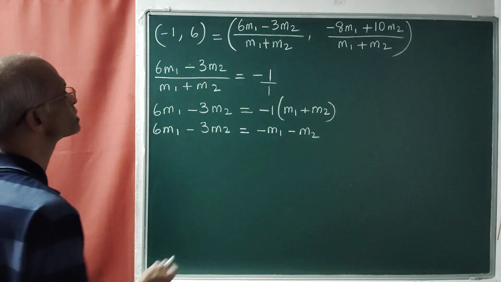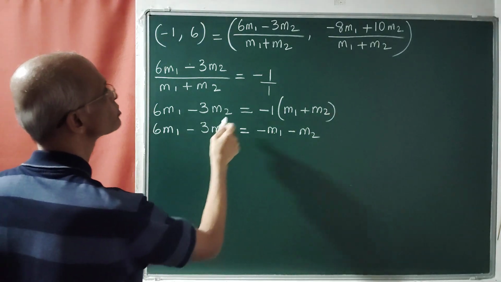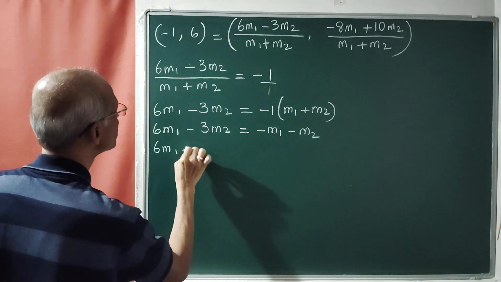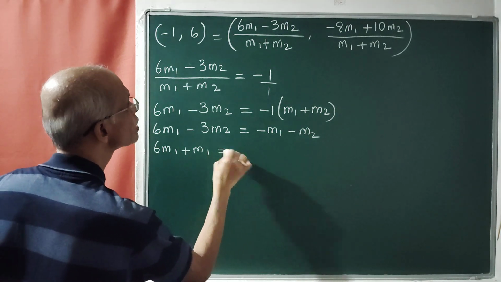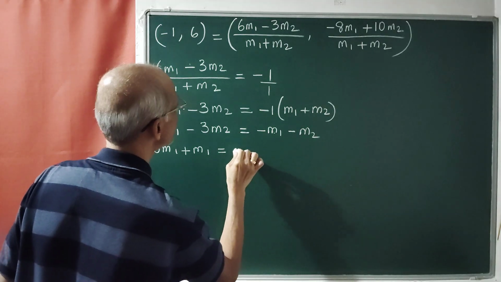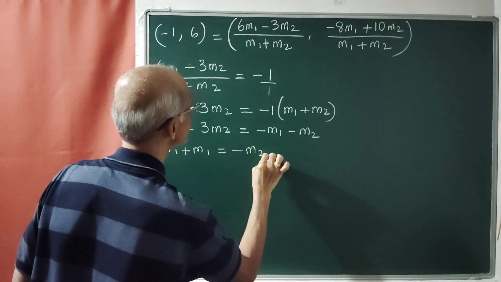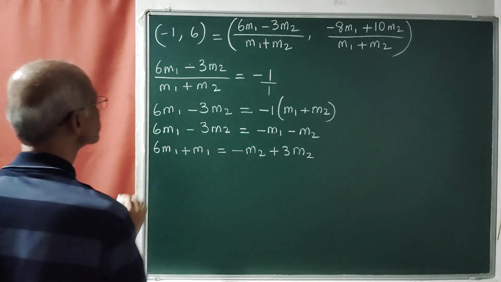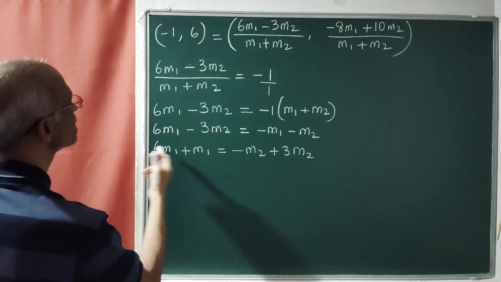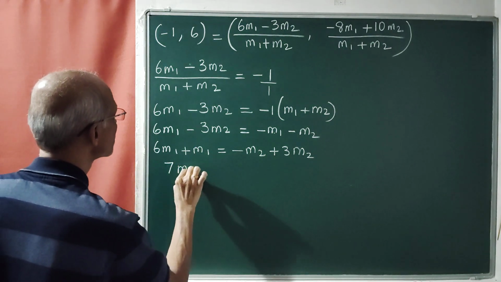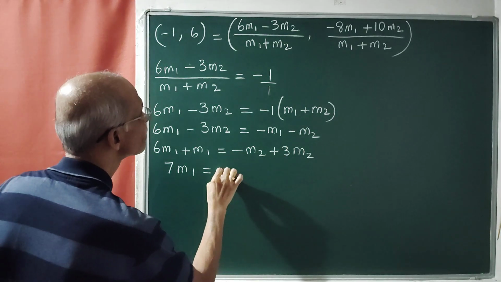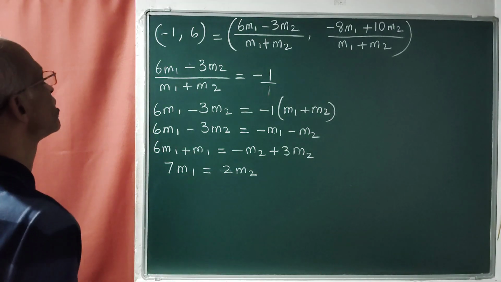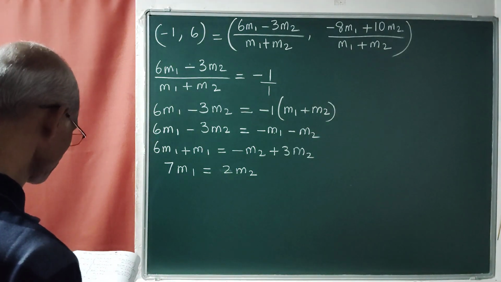Now I will transpose m1 to the left side, m2 to the right side. So 6m1 plus m1 is equal to minus m2 plus 3m2. So here I will get 7m1 is equal to 2m2.